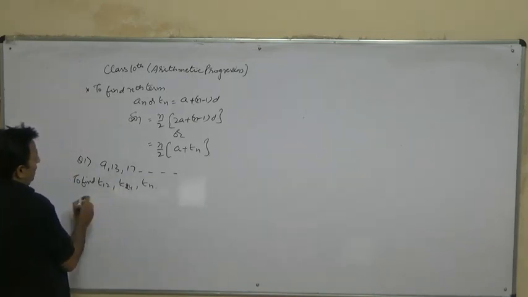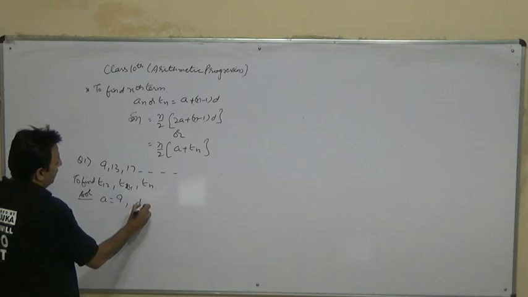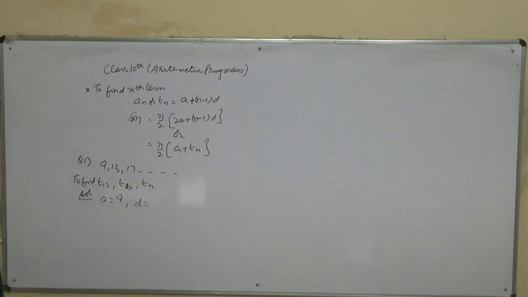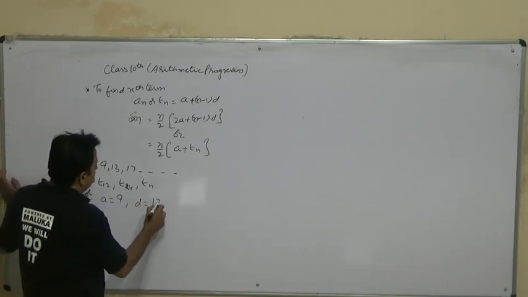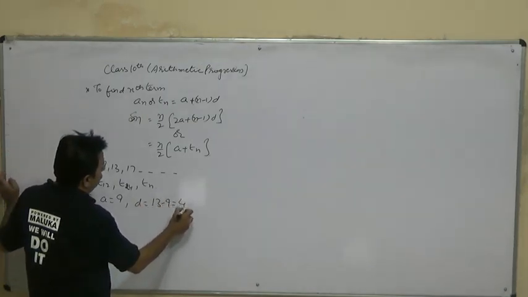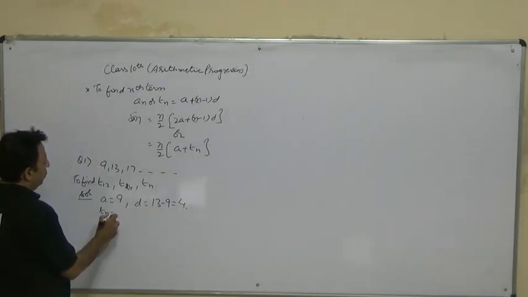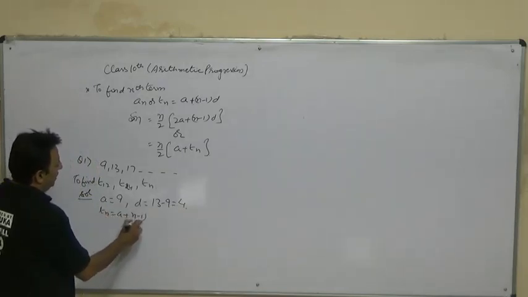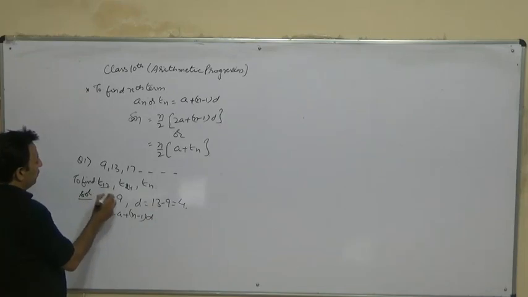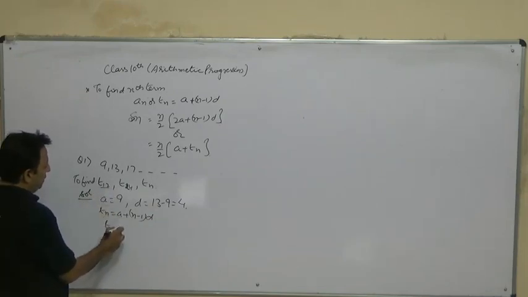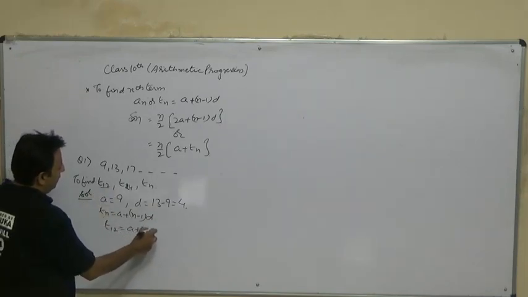So we check here. What is the value of a here? A is 9 and what is d? Difference of the second term, t2 minus t1, that is 13 minus 9, which is 4. Now we know the formula tn is equal to a plus n minus 1 into d. So first we want to find t12. T12 is a plus 11d.